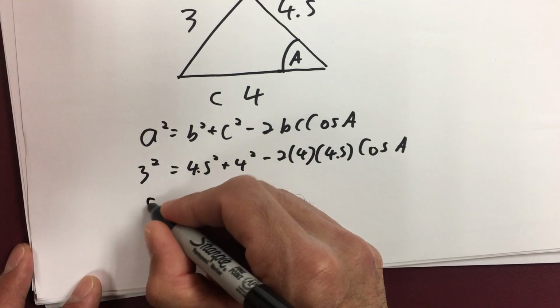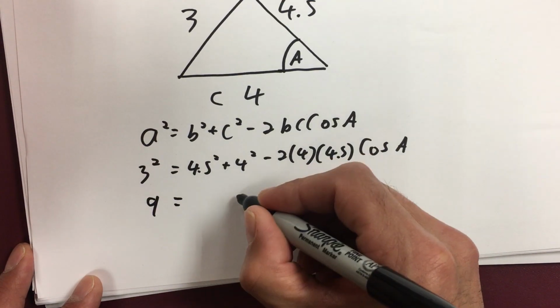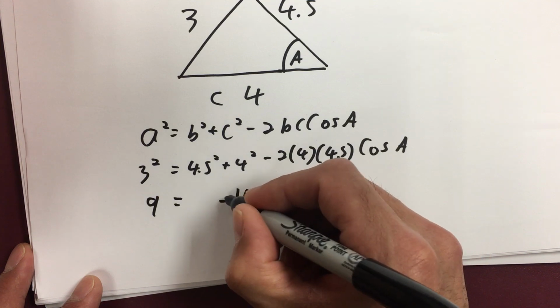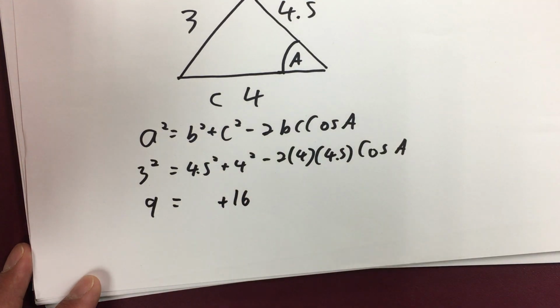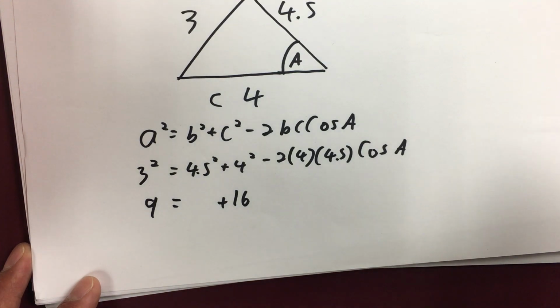So 3 squared is 9, 4 squared is 16, 4.5 squared is 20.25.